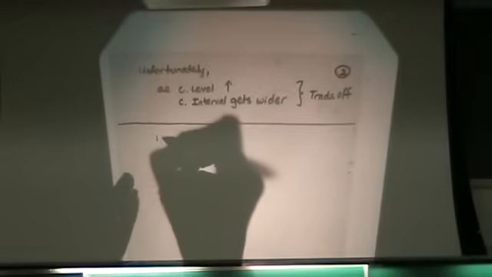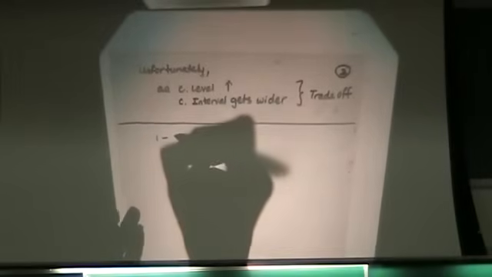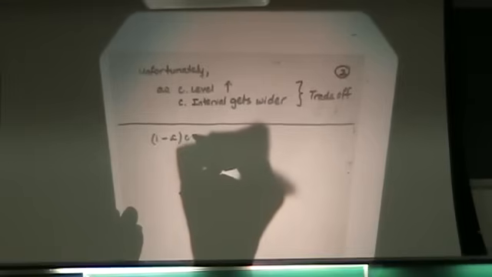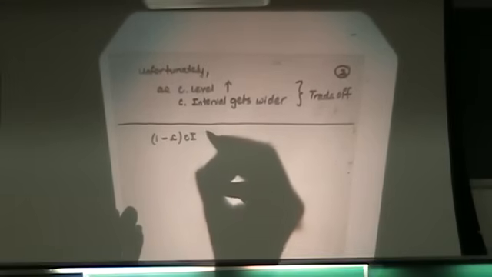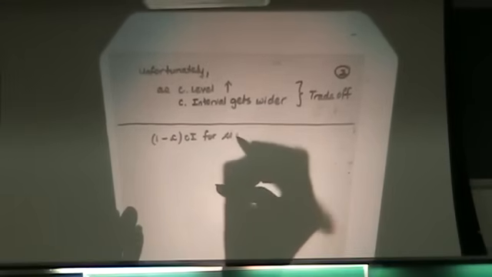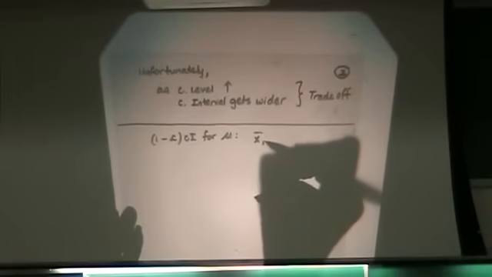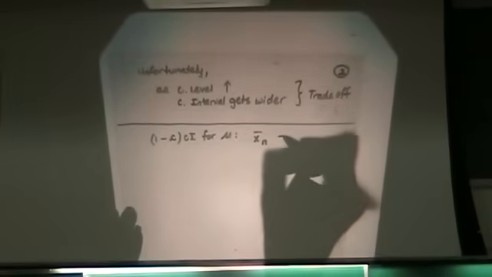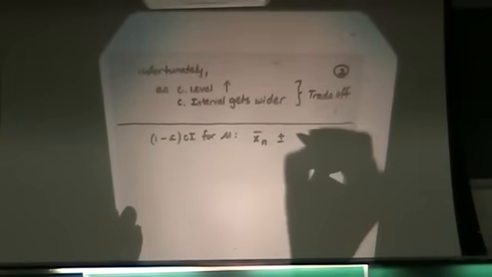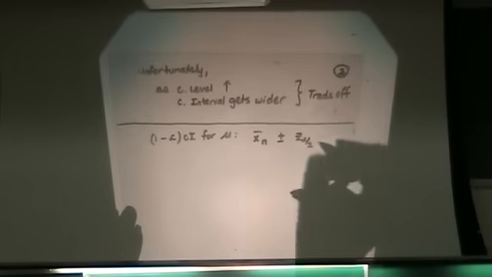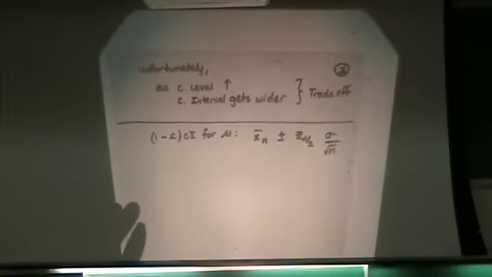A one minus alpha confidence interval for mu is given by the following: x bar n plus or minus z alpha over 2 sigma over root n. That's the formula. You see this formula on the bottom of page 2.